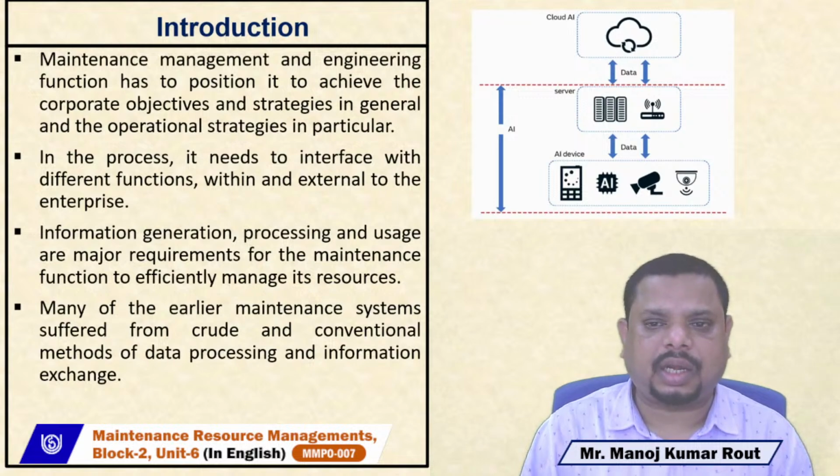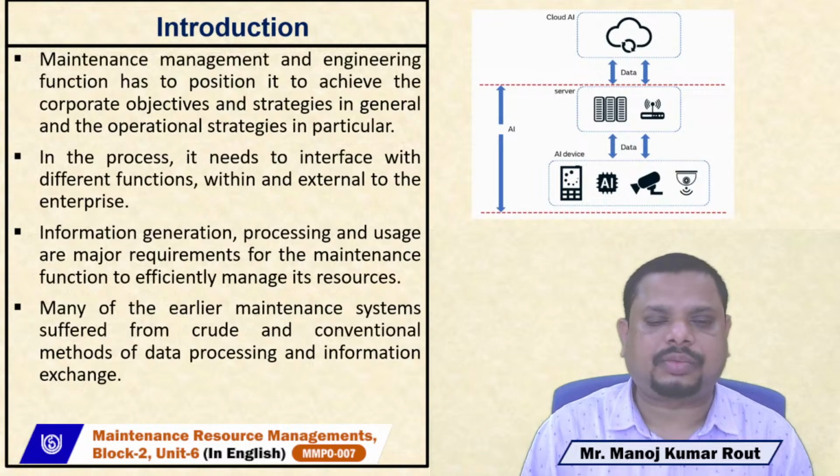So for getting higher productivity, high quality, and high efficiency, the corporation must require information technology. In the same manner, it also requires information technology to help maintenance management. The next important part is the strategy in general, and the operational strategy in particular.